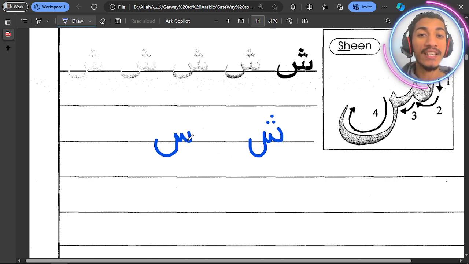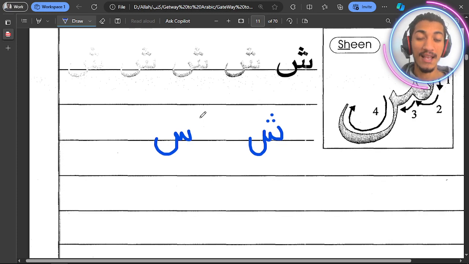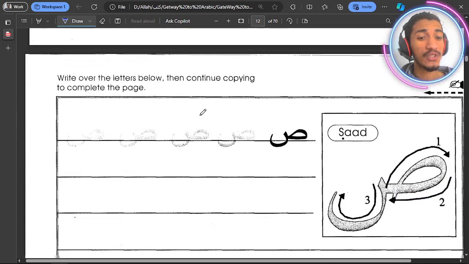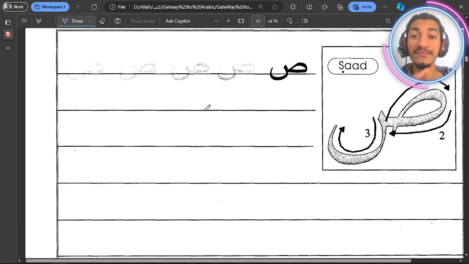Seen, sheen. Try to practice while we are doing the names to memorize them well and to be able to pronounce them, inshallah. Seen, sheen. Those are the two sisters. And the last two letters are sod. What do we call it? Sod.